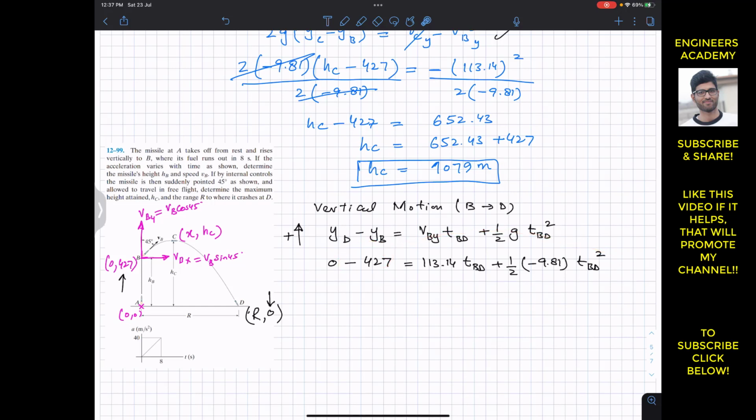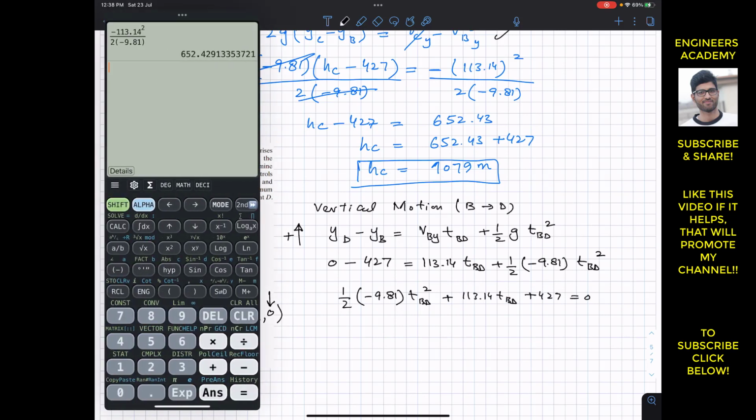So let me rearrange this equation. We will have 1 divided by 2 into minus 9.81 tbd square plus 113.14 tbd plus 427. So this is a quadratic equation.